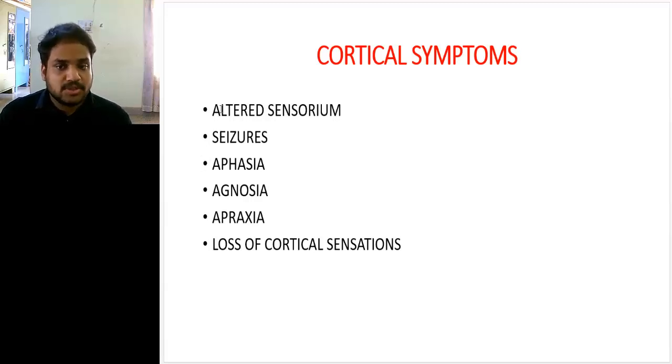We have to check for the following symptoms: if the person has an altered sensorium, seizures, aphasia, agnosia, apraxia, as well as loss of cortical sensation. While you are taking the case in your final year practical examination, if you find any of these present in the patient, you can say directly that the lesion is in the cortex. You can be pretty confident saying that. So we will see this one by one.